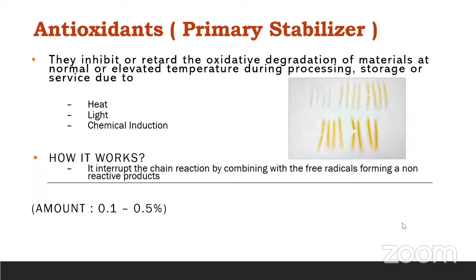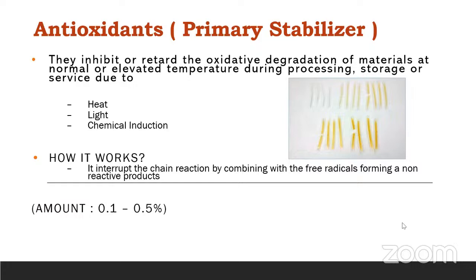These stabilizers can prevent oxidative degradation by interrupting the chain reaction when a polymer is exposed to heat, light, or chemical reaction. These antioxidants combine with the free radicals to form non-reactive products, stopping further degradation.